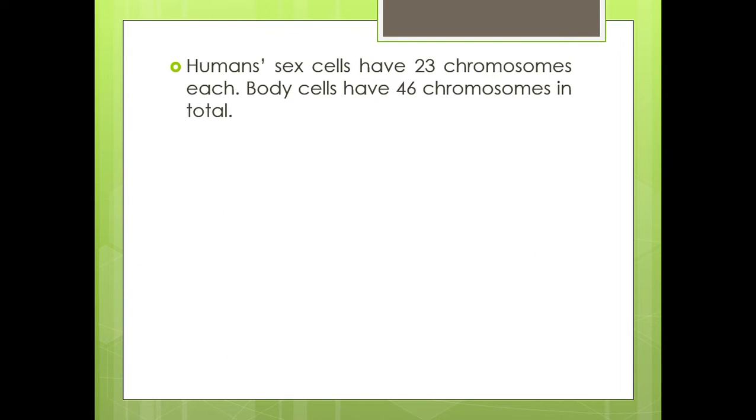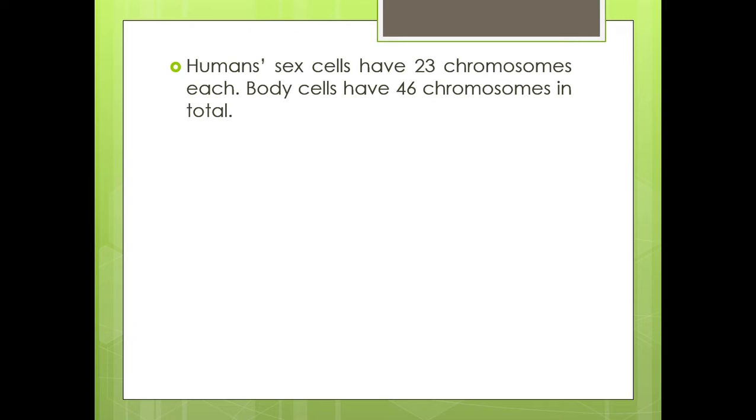All right, humans' sex cells have 23 chromosomes each. Body cells have 46 chromosomes in total. So we have to make a difference here. Remember that in grasshoppers' sex cells, the numbers were different.